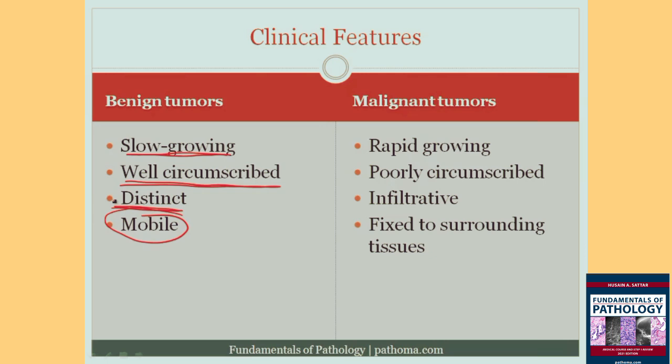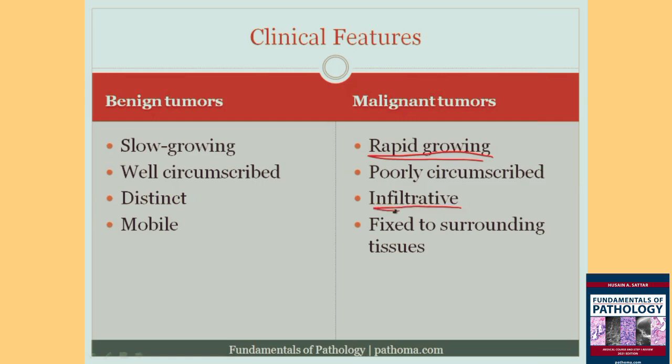In contrast, malignant tumors would have the following characteristics. Malignant tumors are usually rapidly growing. The patient usually gives a history of a tumor that's grown within a year or grown sometimes within months. They're poorly circumscribed. You try to sort of get your hand around the tumor, for example, if it's a breast cancer, and you can't really separate it from the adjacent surrounding normal breast tissue.